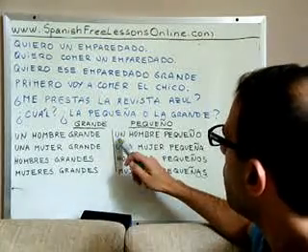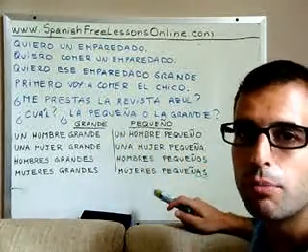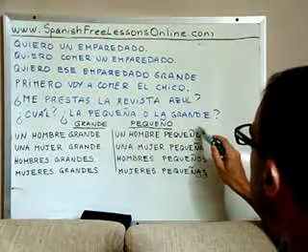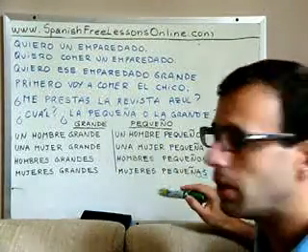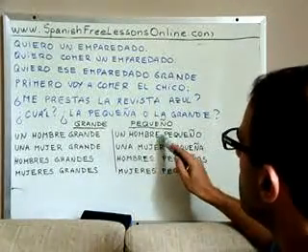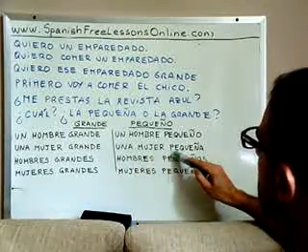Un hombre, a man. Una mujer, a woman. Let's see. Un hombre pequeño. It's a small man. The adjective pequeño ends with an O because it refers to a masculine noun, which in this case is the man. Una mujer pequeña.